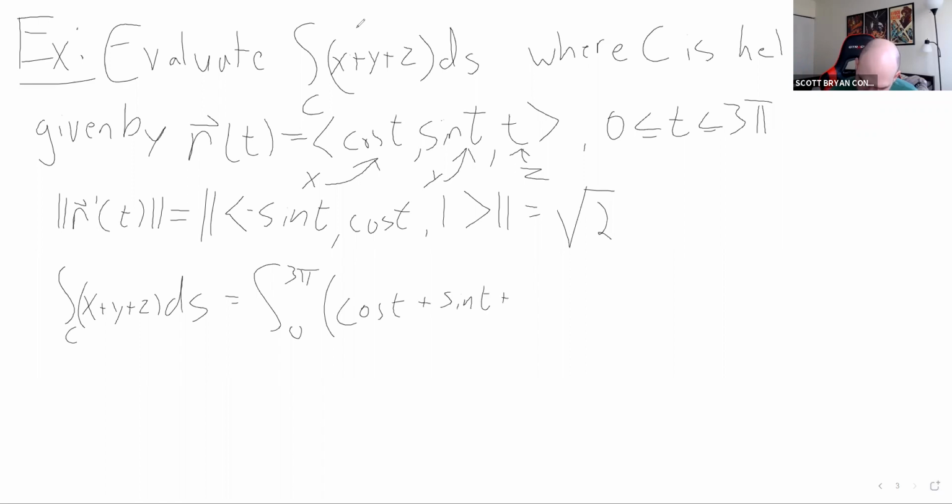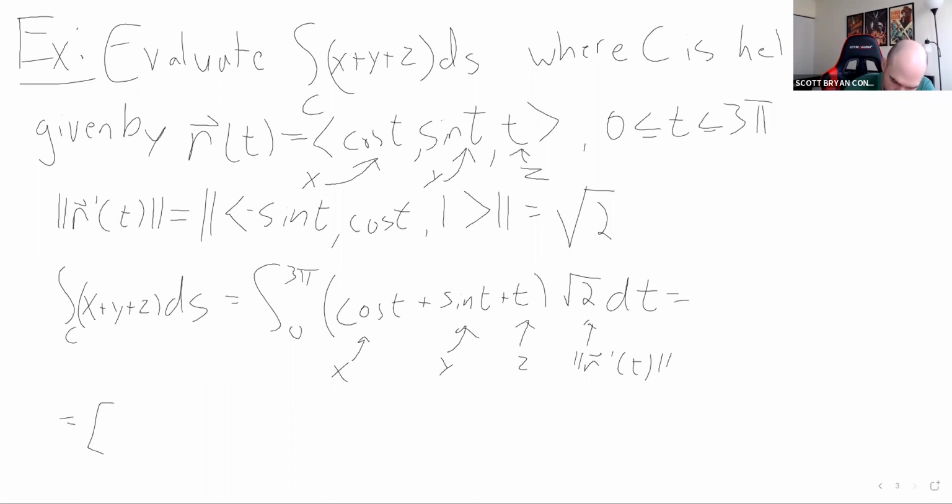And z we're replacing with t. And ds becomes magnitude r prime t dt. Well, magnitude r prime t is root 2. And so this is a relatively simple integral here.